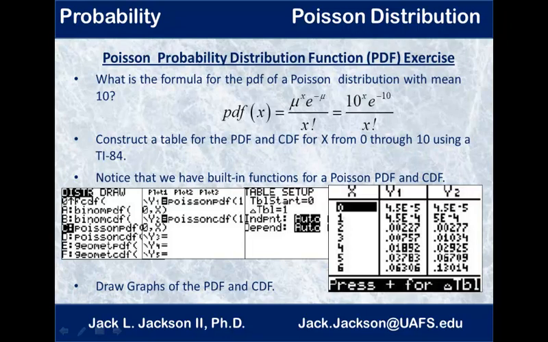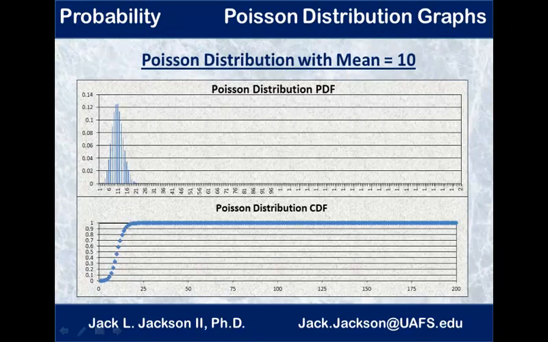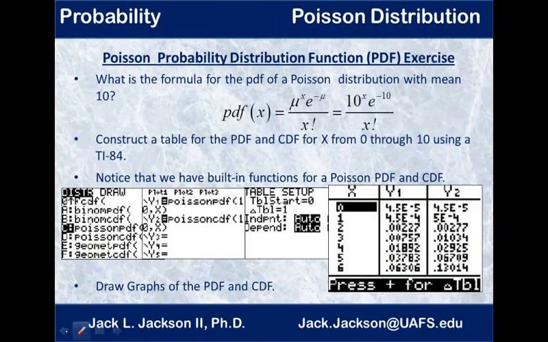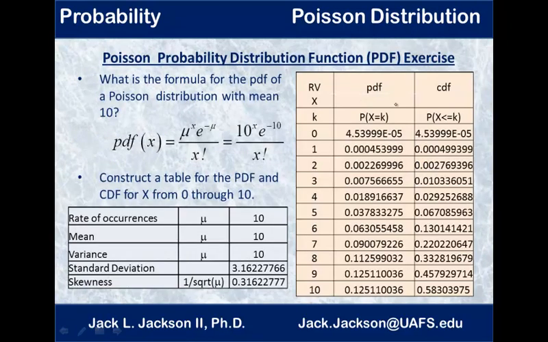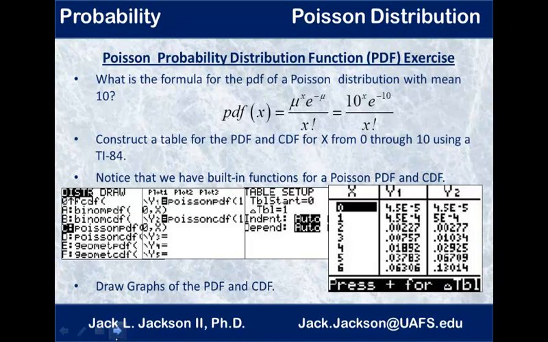So 0, 1, 2, 3, 4, 5, 6, and we can scroll down this, and here you see the values of the CDF in this column over here and the PDF in the column before. These things in this table agree with the things in this table right here. I actually used Excel to generate the things in this table here.